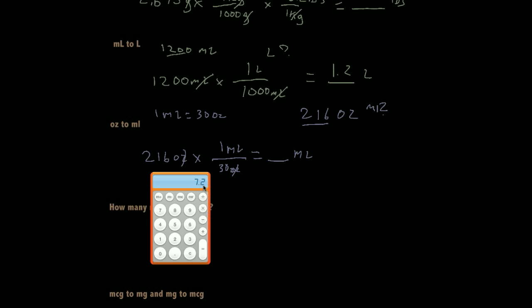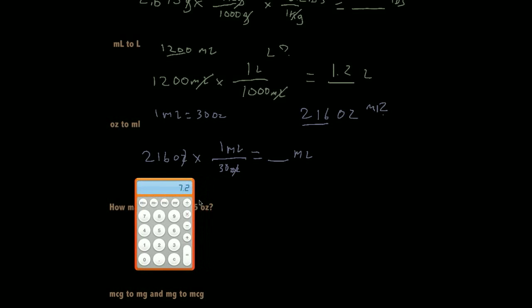So if this was 0.2, I would go out to the thousandths and round to the hundredths. That's because we can use a TB syringe and be more accurate on volumes that are less than 1 milliliter. But this is not. It's 7.2 milliliters, so we're just going to round to the tenths place.